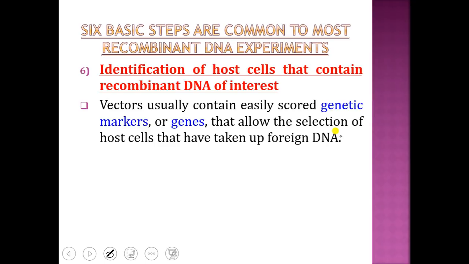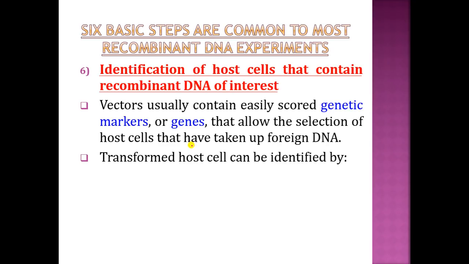This can be done by certain parameters. Vectors usually contain easily scored genetic markers, or genes that allow the selection of host cells having certain characteristics that have taken up the foreign DNA.